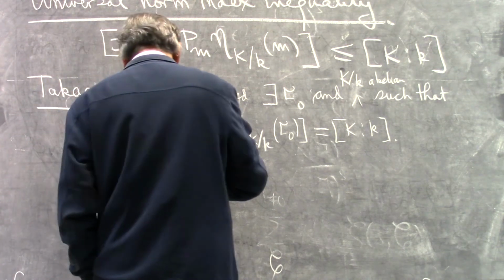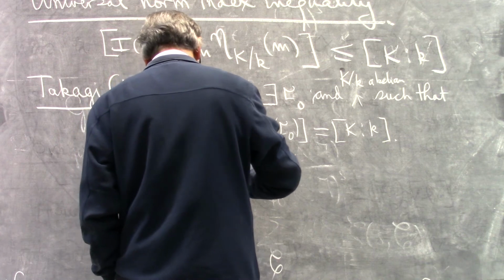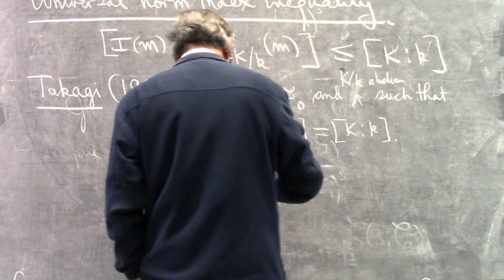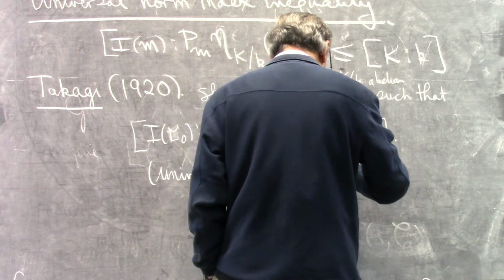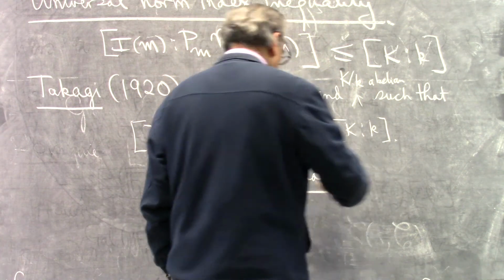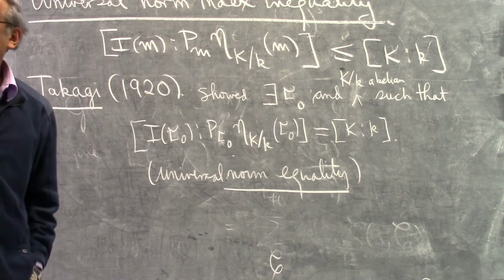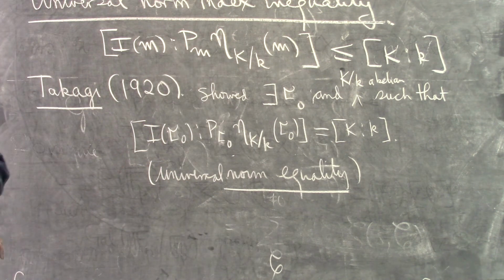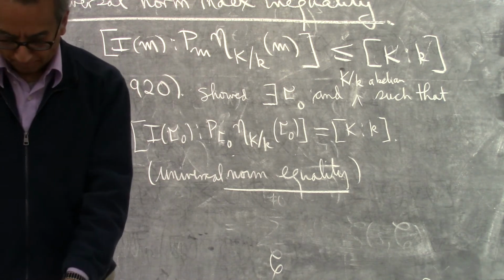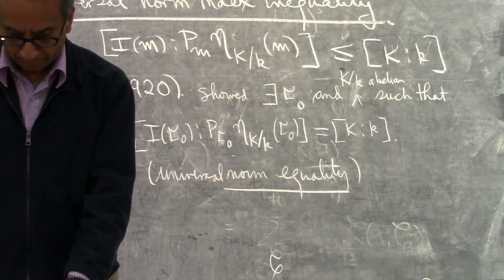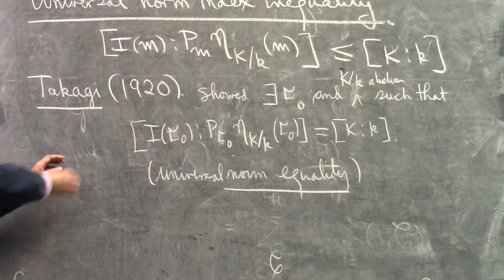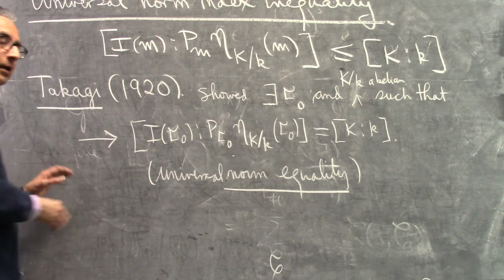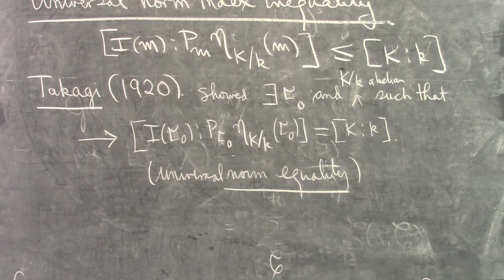So this is the universal norm equality, which is where we would start the proof of the reciprocity law. For this part, I'm going to assume that there is a C naught and indicate how the proof of the Artin reciprocity works.